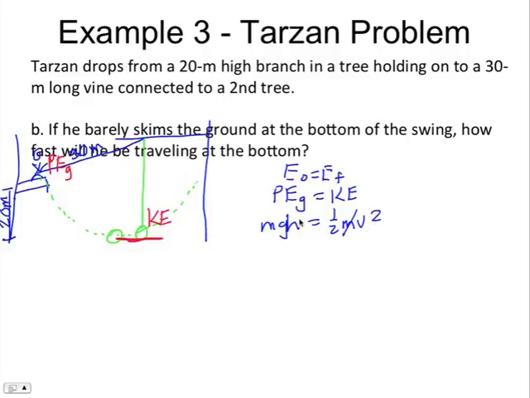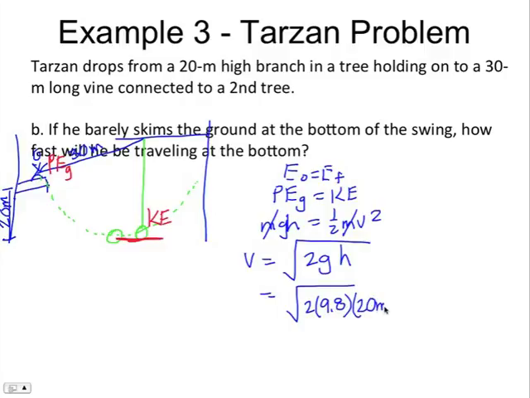We can see the mass of Tarzan didn't even matter because it canceled out. We're looking for velocity, so if we solve for v, we get the square root of 2gh. When we plug in our givens, 2 times 9.8 times our initial height, which was 20 meters, we get a velocity of 19.8 meters per second.